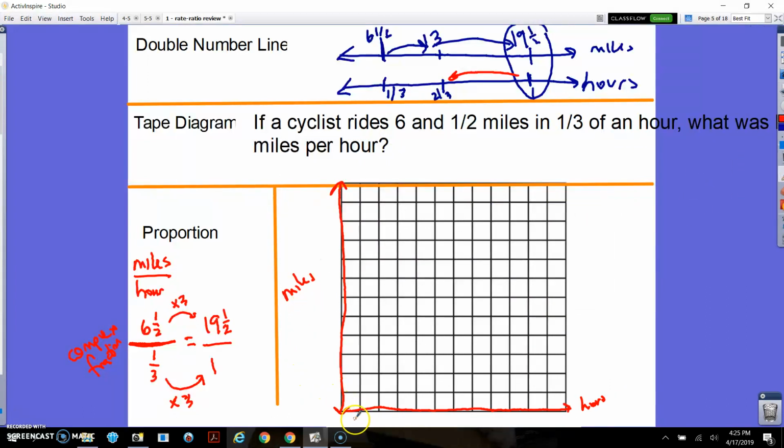Remember, down here I've got to go in even increments. So I guess the logical thing to go in would be 1/3 of an hour, 2/3, and then 1, and I could keep going 1 1/3, and so on. I'll just stop at 1 because that's as far as I need to go. And my miles, maybe I'll go in 5s, 5, 10.